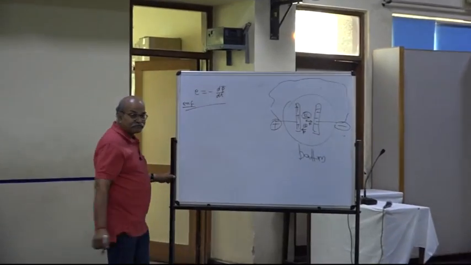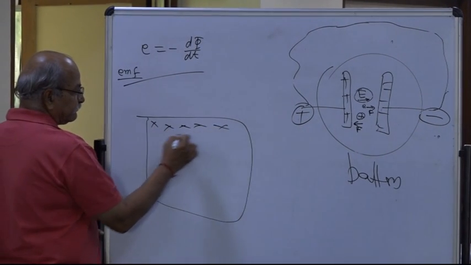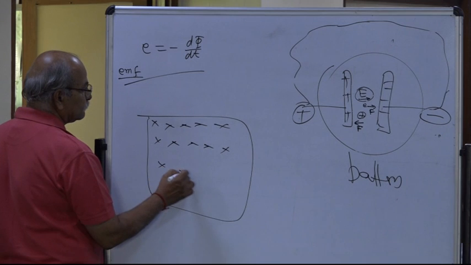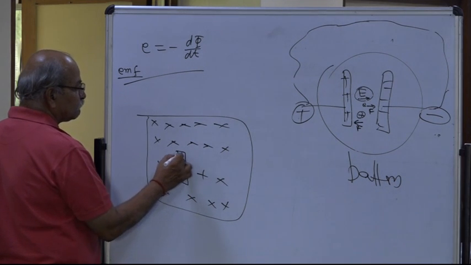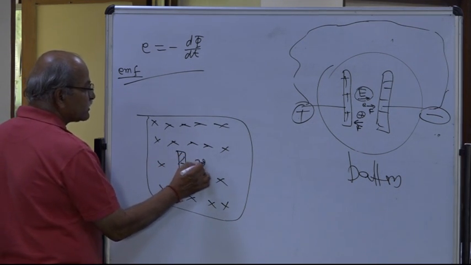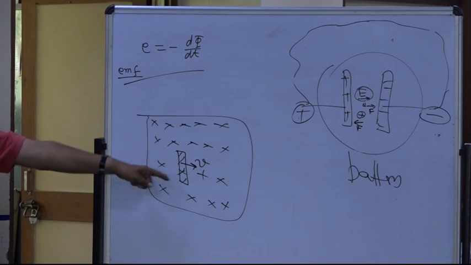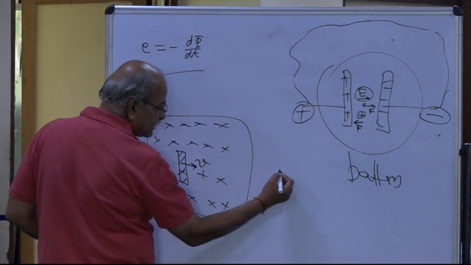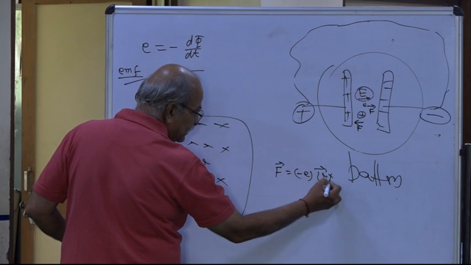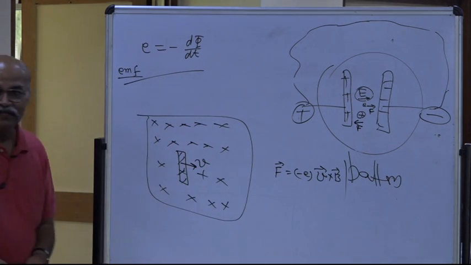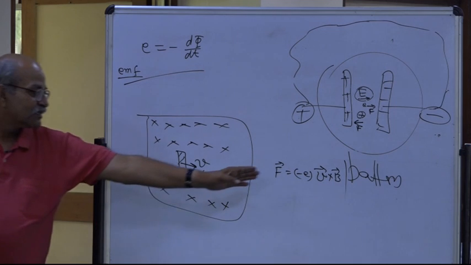If you have a region with a magnetic field, and then you have a metal rod moving with some velocity v, the free electrons in this metal experience the force Q into V cross B. As the whole rod is moving, all these electrons are also moving, so they have the same velocity v.